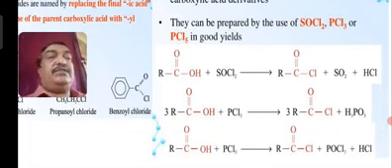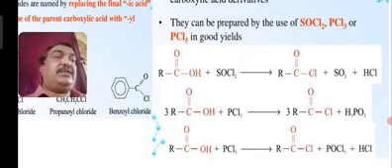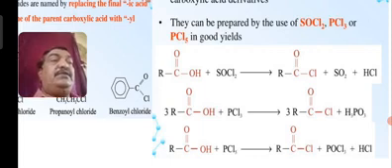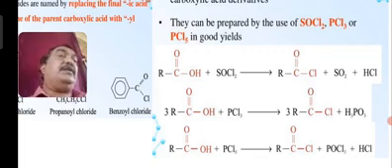You can put R equal to CH3 or C2H5, and depending upon that you will get the corresponding CH3COCl, acetyl chloride, or you can put a benzene ring, so you will get benzoyl chloride. RCOOH, when treated with thionyl chloride SOCl2, converts into RCOCl plus SO2 plus HCl. Then similarly with PCl3 and PCl5, you get RCOCl with the formation of phosphorous acid, POCl3 and HCl respectively. And here R can be either an aromatic ring or an alkyl group.